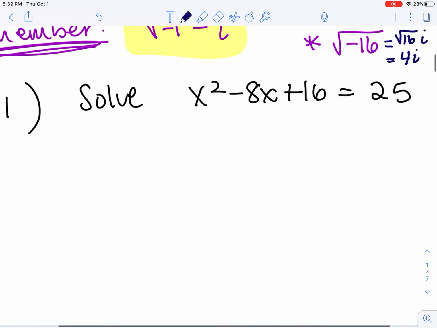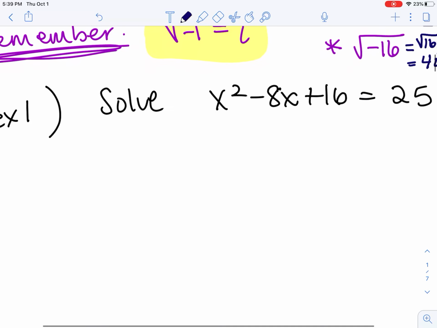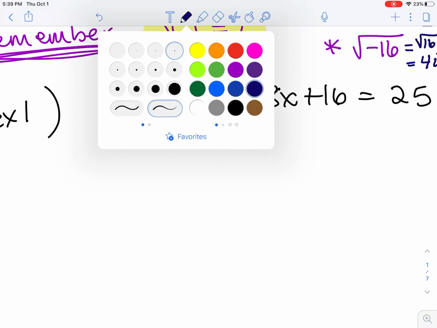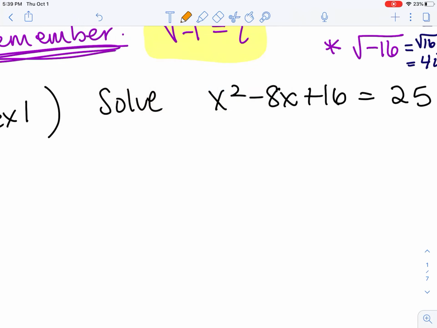Okay, so let's just go ahead and jump right in. What if they asked us to solve x squared minus 8x plus 16 equals 25? Now, up until this point, we've always said if you're solving, you set it equal to 0. But this one is really special, because this is what's called a perfect square trinomial.